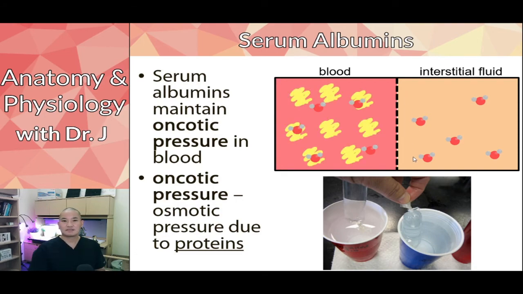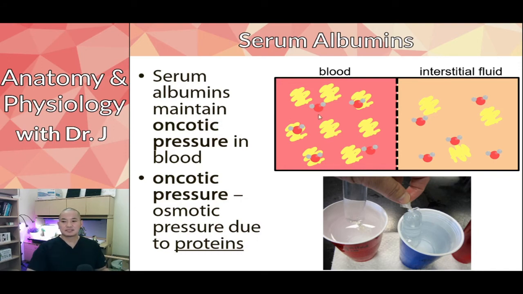So if you have a lot of these proteins that contribute to oncotic pressure in your blood, and not so many of these proteins in your interstitial fluid, which way will the water go? To think about it, think about osmosis.